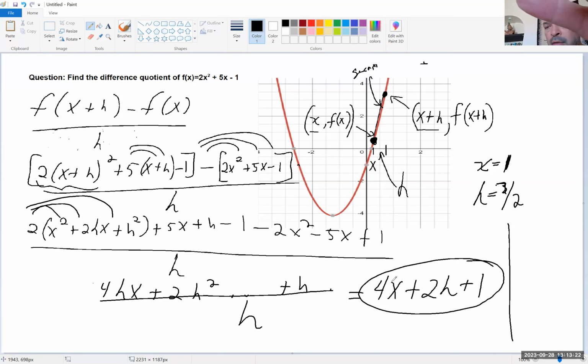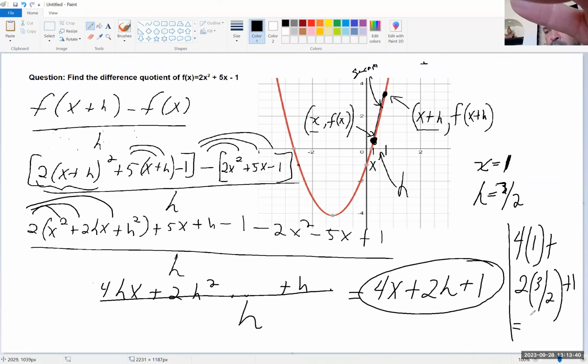Then if I plug it into this formula, you'd be able to tell me that the slope is 8. The slope of the secant line would be 8.